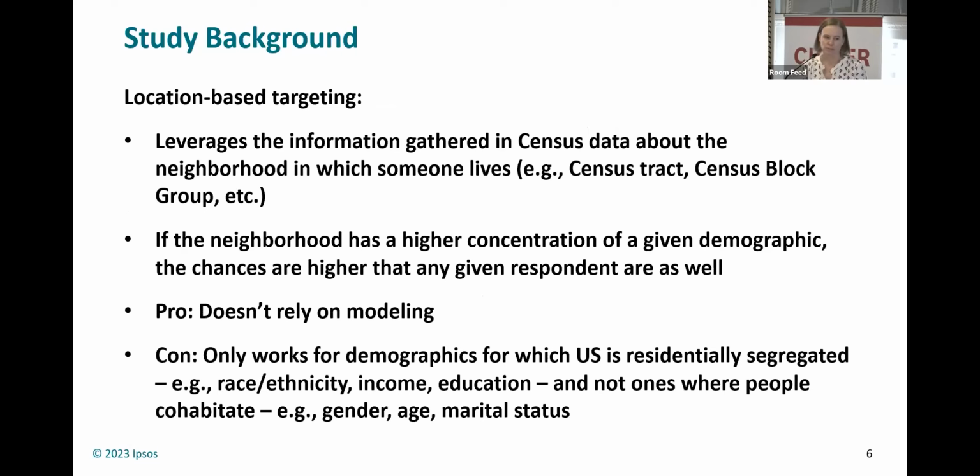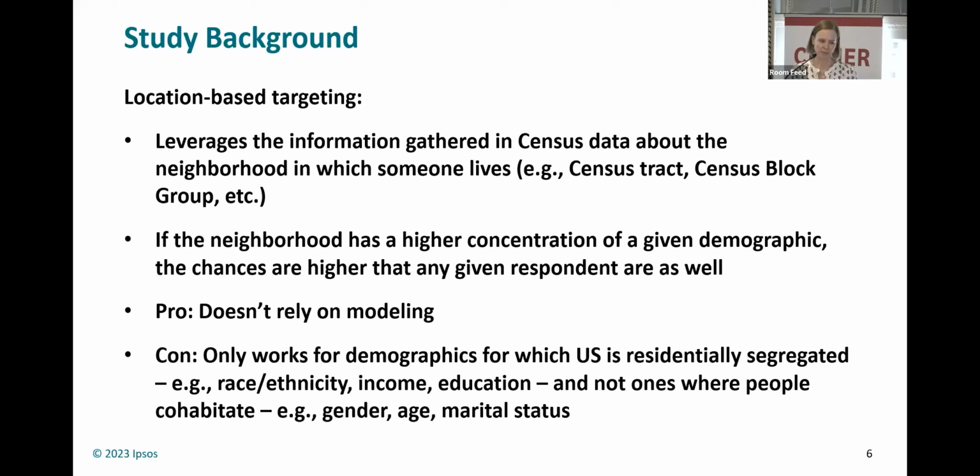So location-based targeting really leverages the information gathered in census data about the neighborhood in which someone lives. And we can think about targeting by tract or census block group. You want to find a group that's homogeneous. And so it can help you really identify someone in your target demographic. The benefit of this is that it's not using that auxiliary information. It's not modeled.